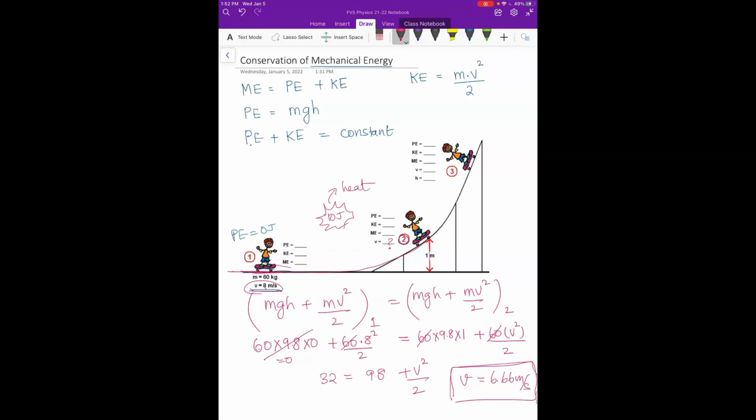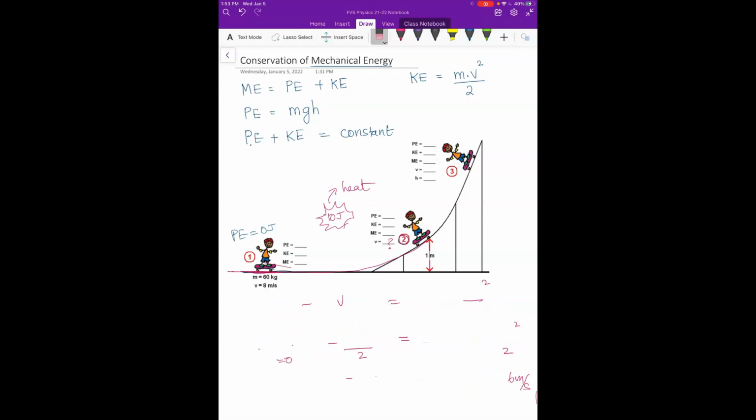How do we set up the equation then? So all we have to do is to factor in the amount of energy lost. So I would say that mgh plus mv squared over 2 at position 1 minus the 10 joules becomes equal to mgh plus mv squared over 2 at position 2.